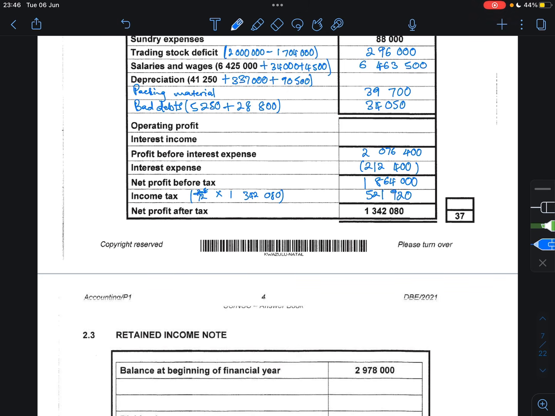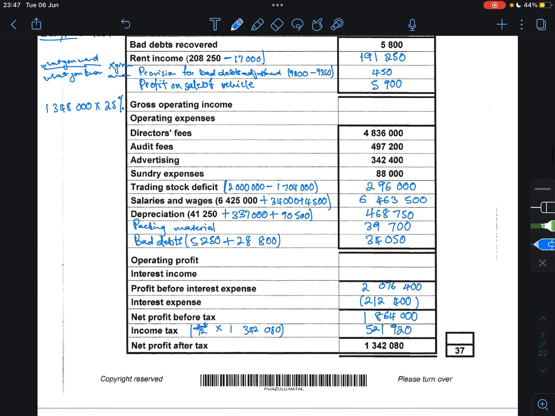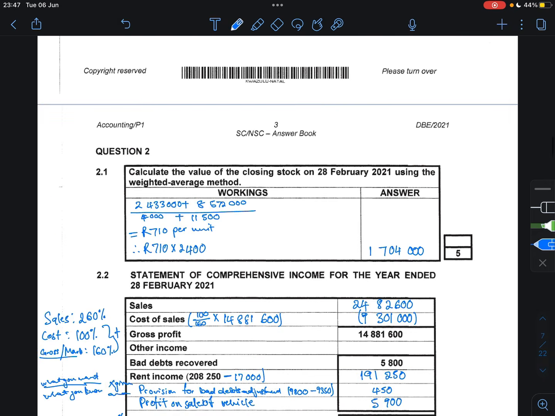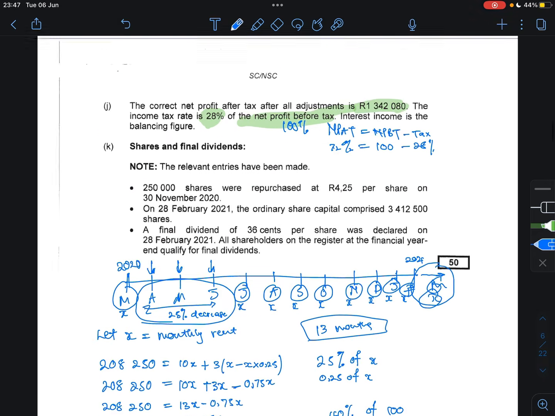Okay, 337,123 plus 90,500, which is 468,750? So let's ensure that we got all the amounts correct for depreciation.